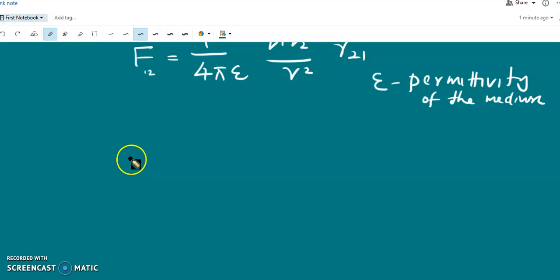So the magnitude of the force is 1/4 pi epsilon Q1 Q2 by R square.